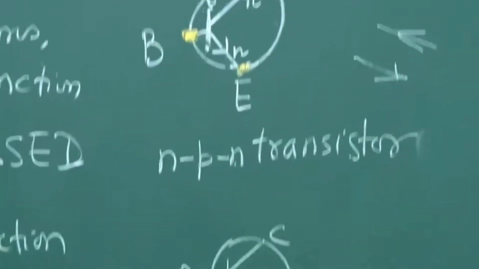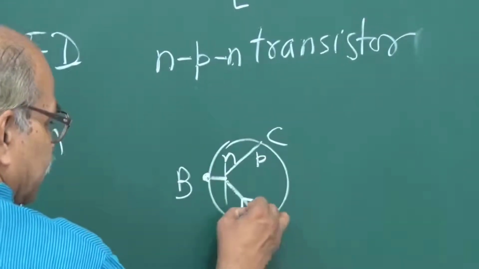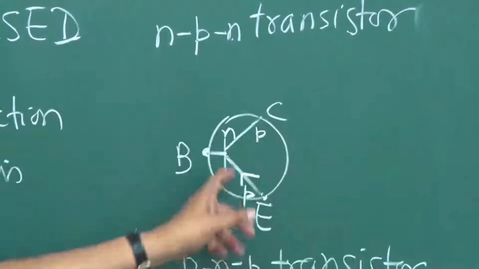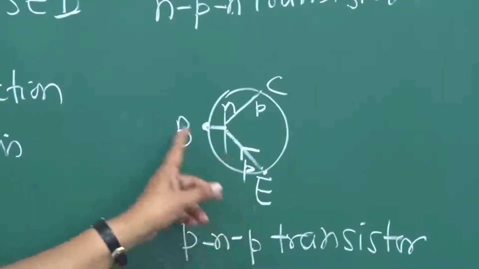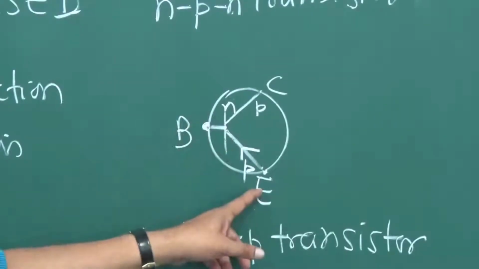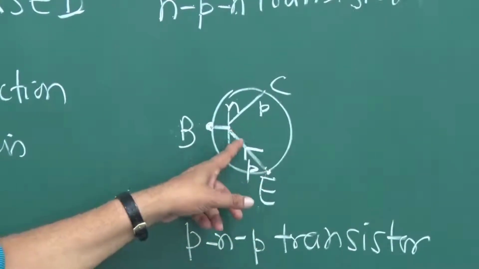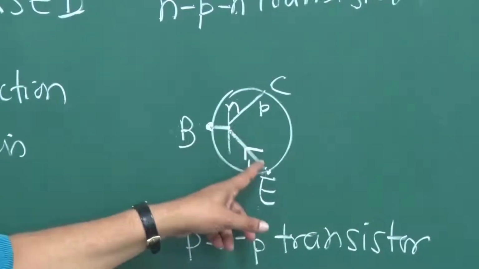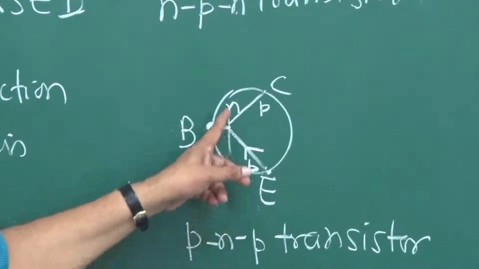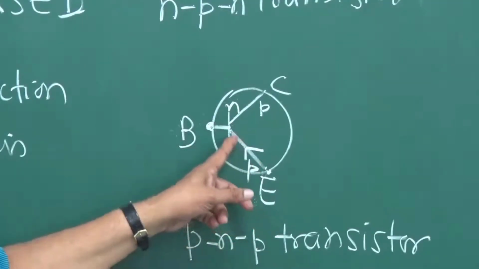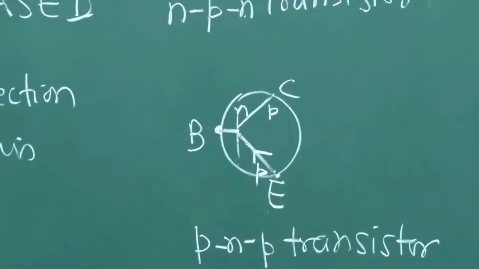And if it is a PNP transistor, if this is P, this is N, and this is P, then at the base emitter junction, if it is forward biased, what will be the direction of current? From P to N. Emitter is P type and base is N type. So in forward bias, the current should be from P to N, and therefore the arrow is in this direction. So that is how the arrow is decided.